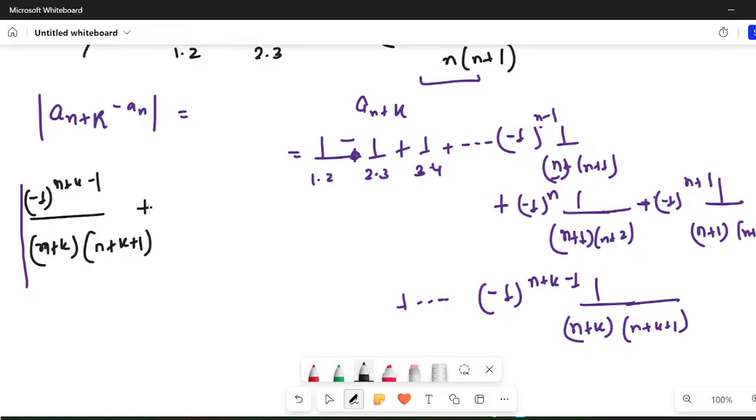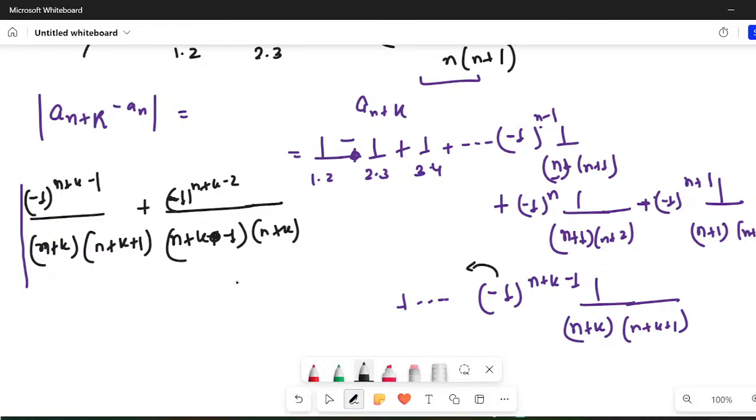Then the next term just before would be minus 1 raised to power n plus k minus 2 divided by n plus k minus 1, and then you will have n plus k simply.